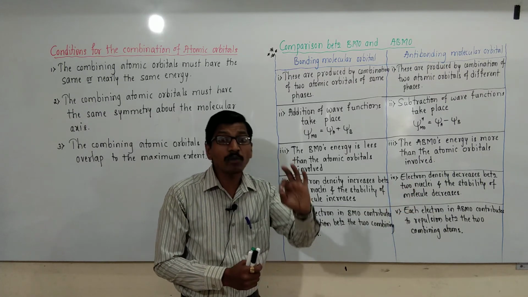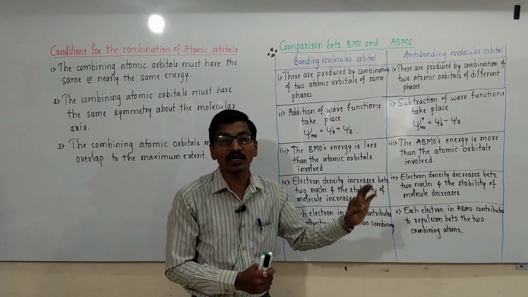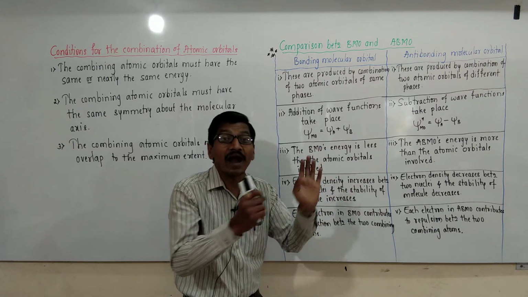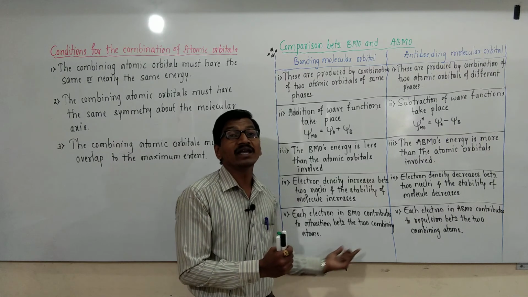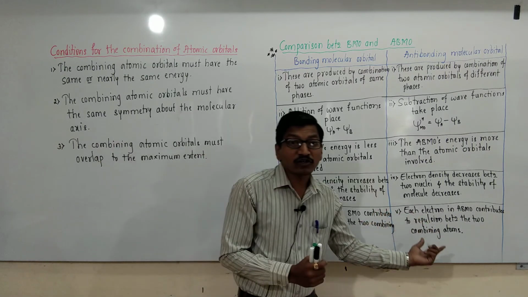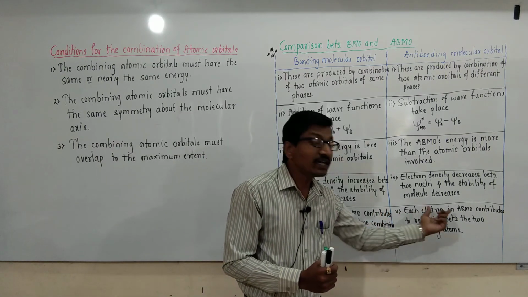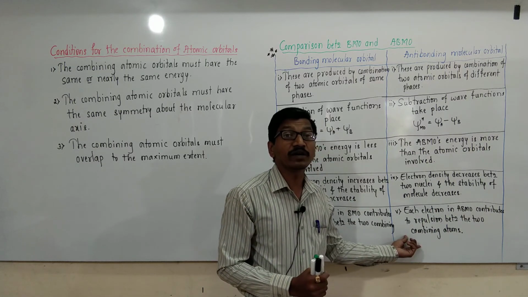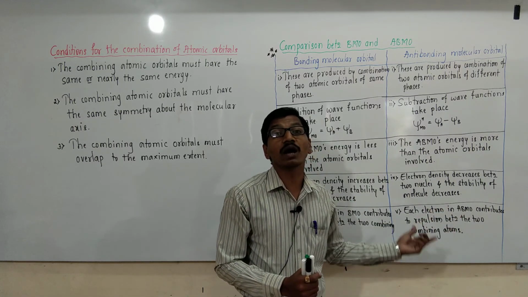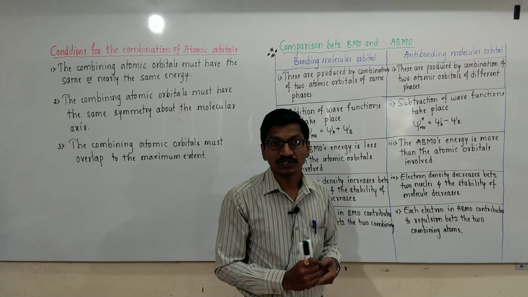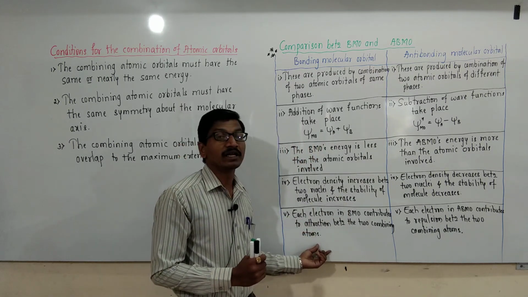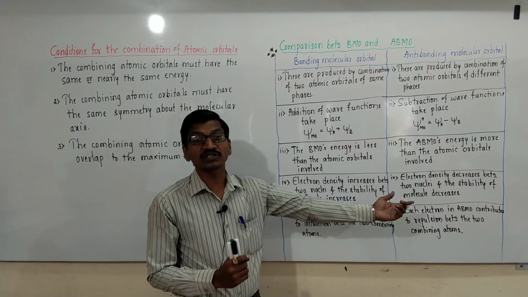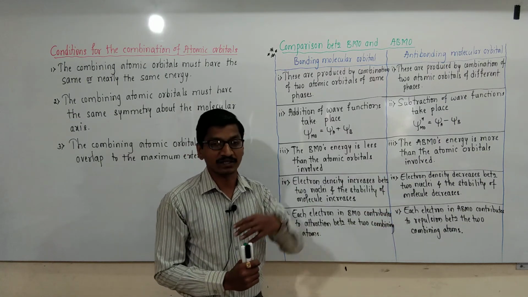Each electron present in bonding molecular orbital contributes to the attraction between the combining atoms. Each electron present in the anti-bonding molecular orbital contributes to the repulsion between the two combining atoms. Number of bonding electrons increases, stability increases. Number of anti-bonding electrons increases, stability decreases.